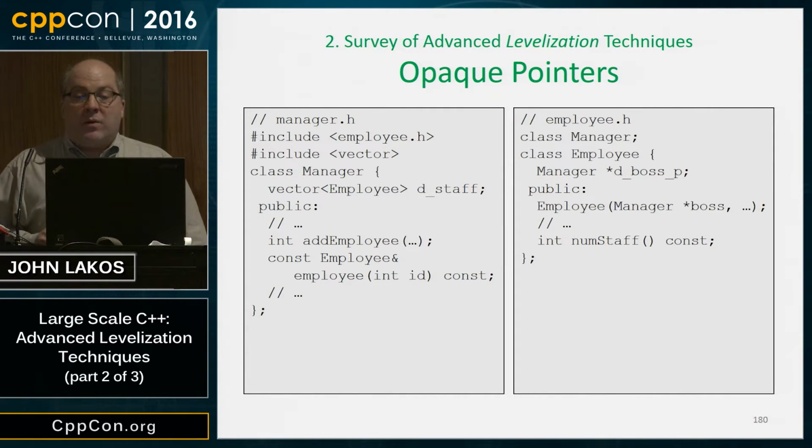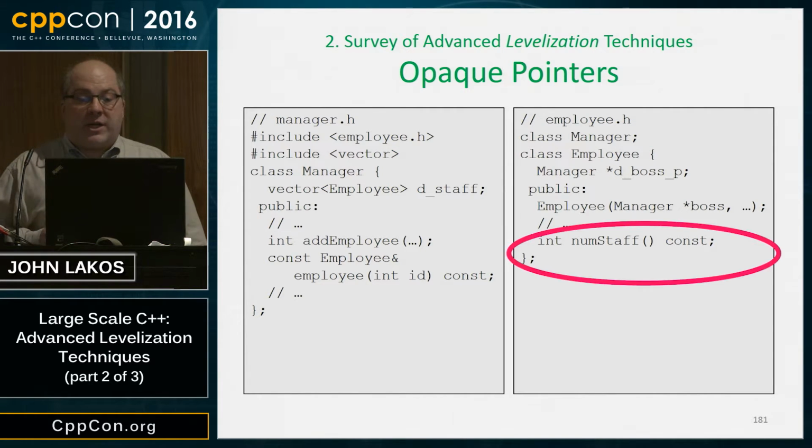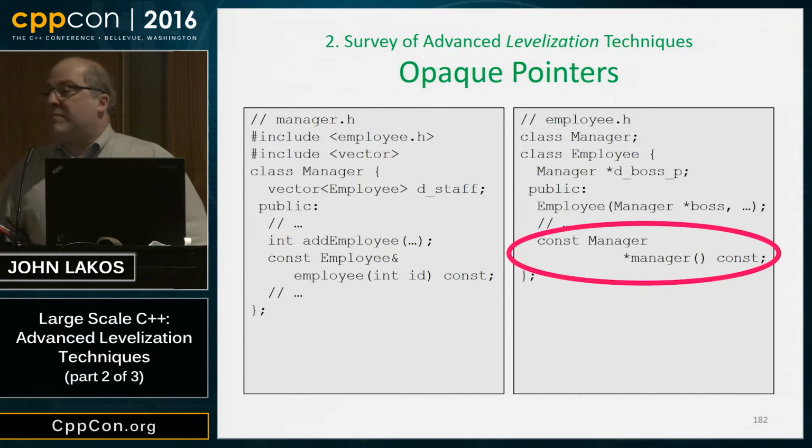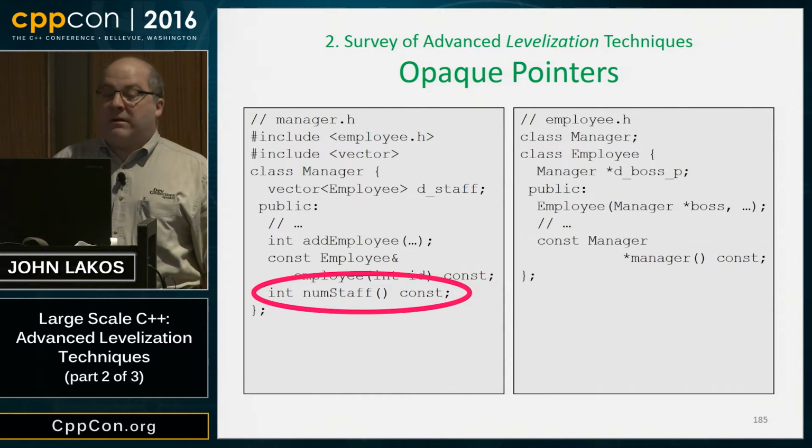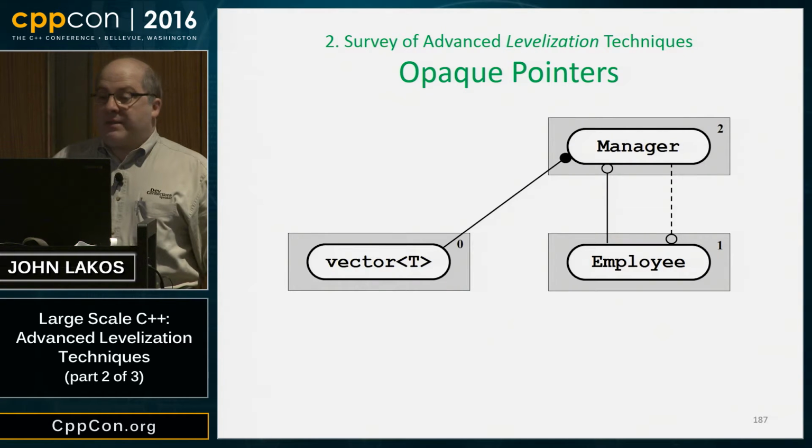And then we're going to change the int num staff const method on the employee to just give me that pointer, please. Tell me who your manager is. And then we're going to go over to the manager and put a public method on manager that says how many people work for you. And once we do that, we have this diagram again.